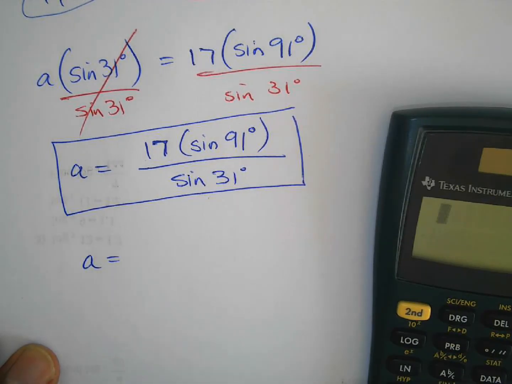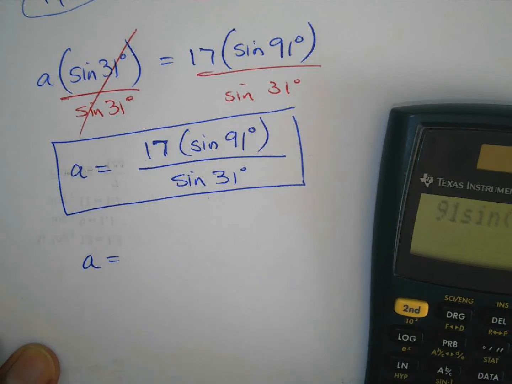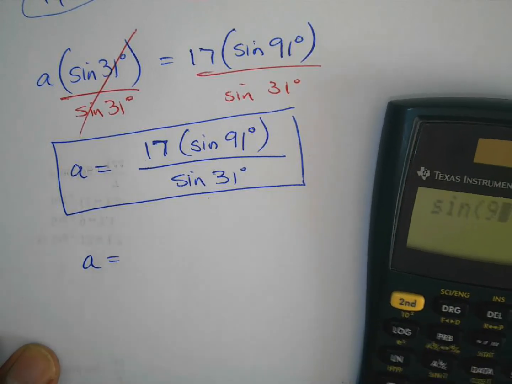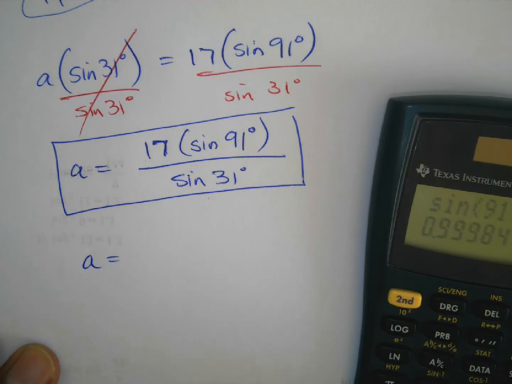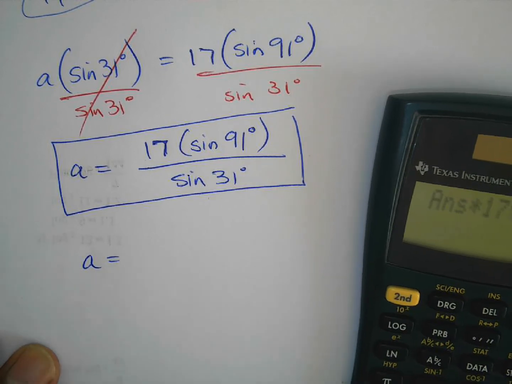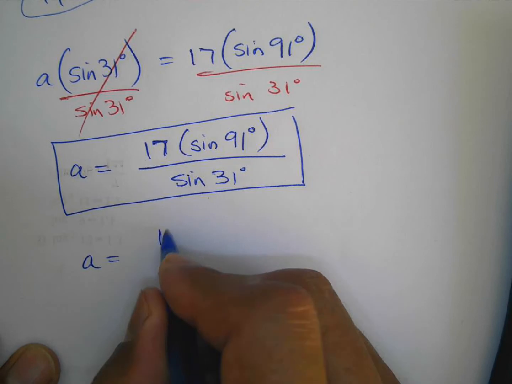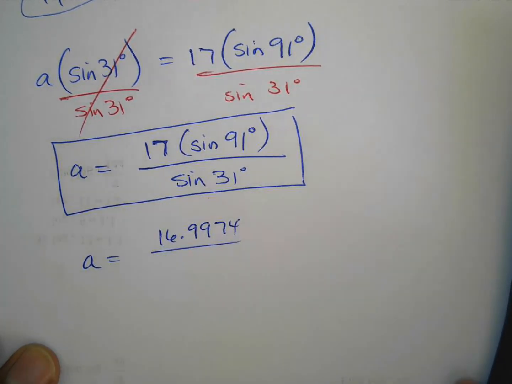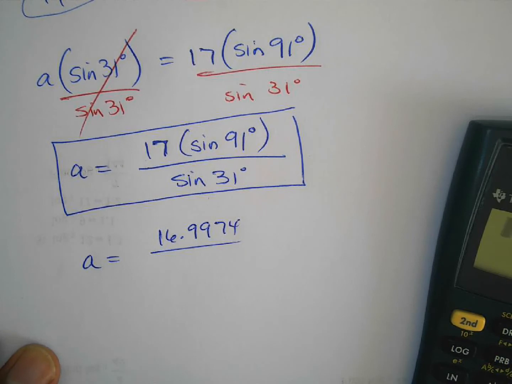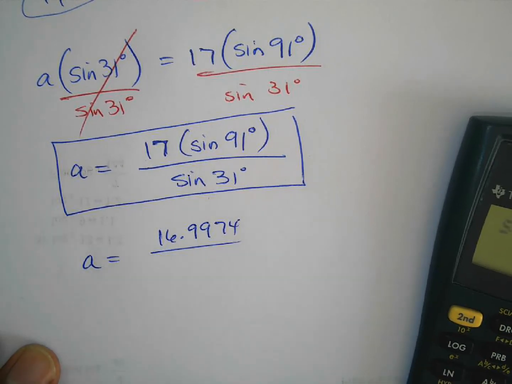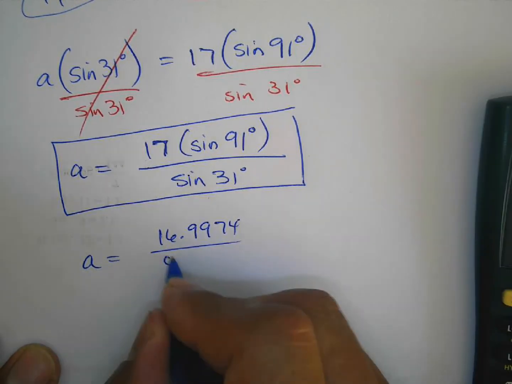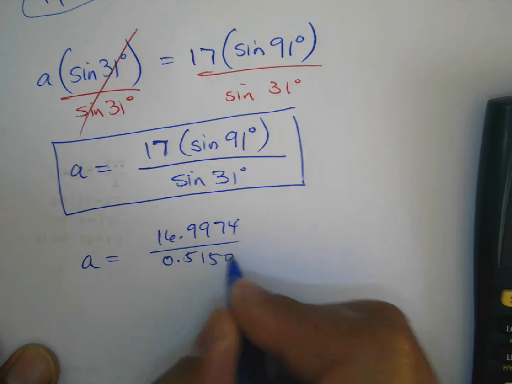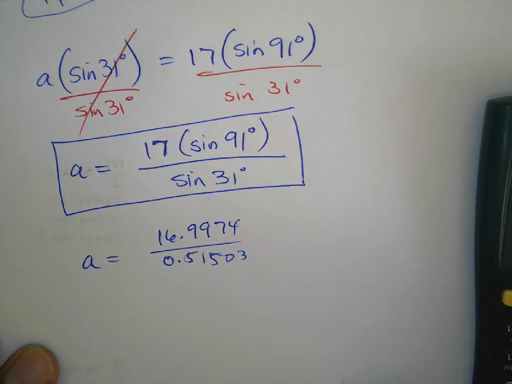I'm going to get 91 sine. Oops, that's not right. So the top decimal should be 16.9974 over sine of 31 is 0.51503.